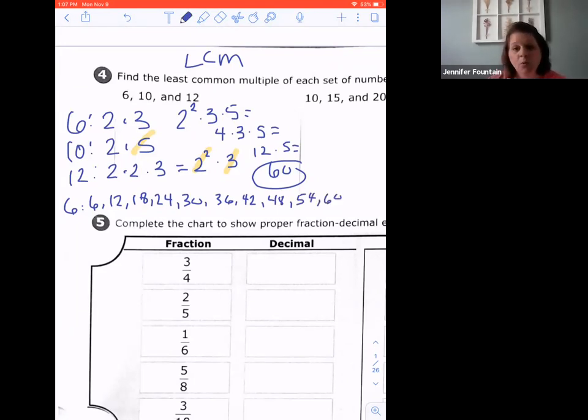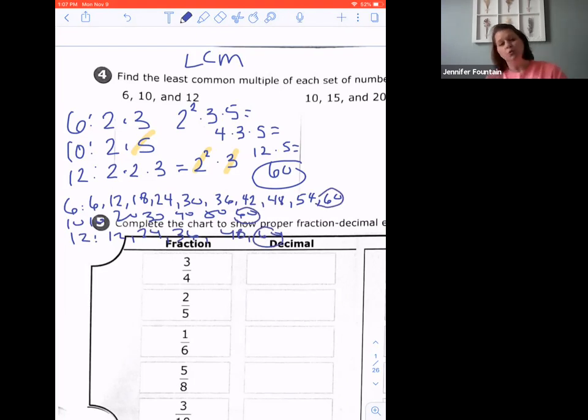I'm having to do a whole lot more than when I'm doing my prime factorization, because then I've got to do it for 10: 20, 30, 40, 50, 60, then 12: 24, 36, 48, 60. Then I can see that I've got 60 in common, okay? So either way, I can list them out, or I can use prime factorization, but then I multiply the highest exponent for each factor represented. So I cannot leave one out. I have to use the highest exponent.